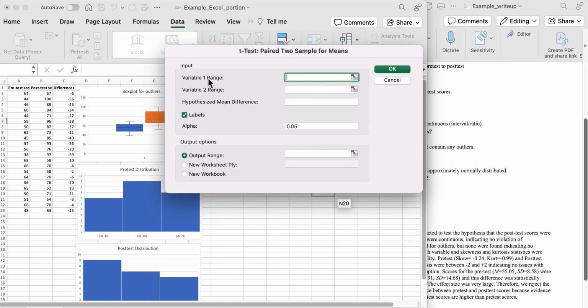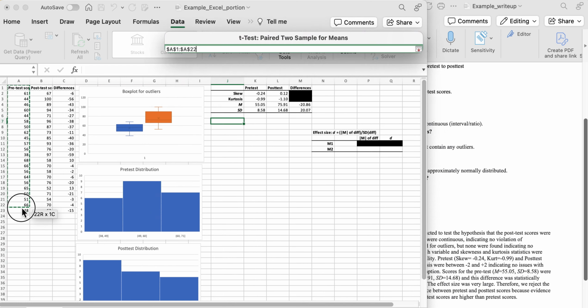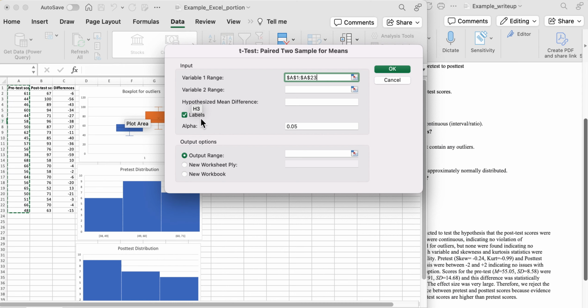For variable one, I've already clicked to keep the labels, so I'm going to include the label here. If the label is not checked and you're not including it, you need to not select it in your range. Because if you don't select it and you do put that you have selected it here, it's going to expect this top row to be the label, so it's going to mess your statistics up.